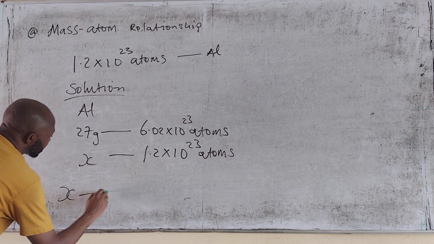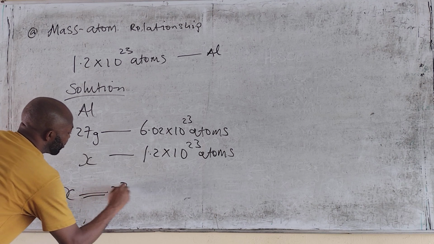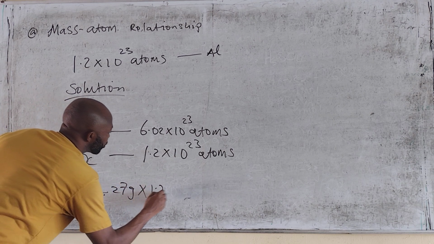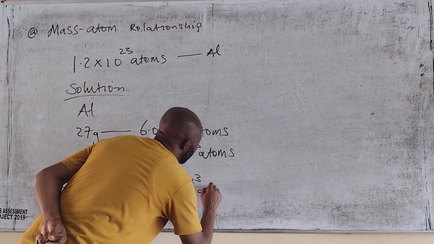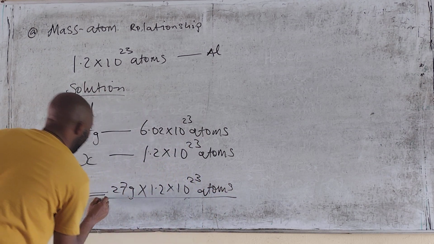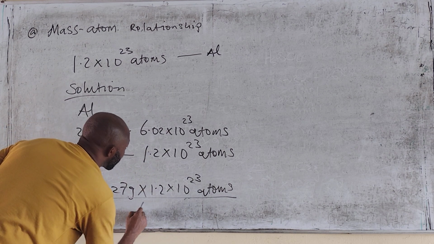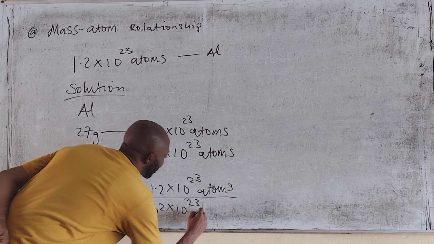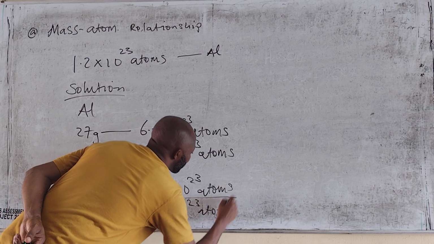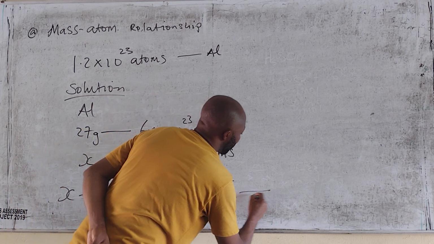My x gives me 27 grams times 1.2 times 10 raised to the power 23 atoms divided by 6.02 times 10 raised to the power 23 atoms. Atoms will go.